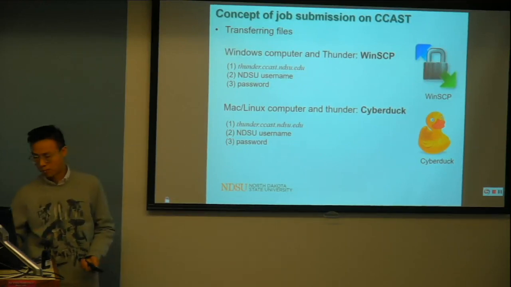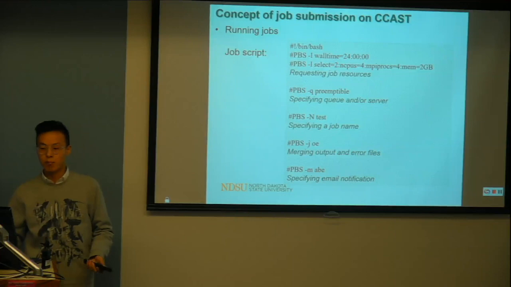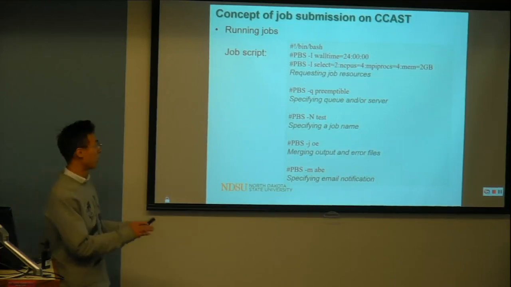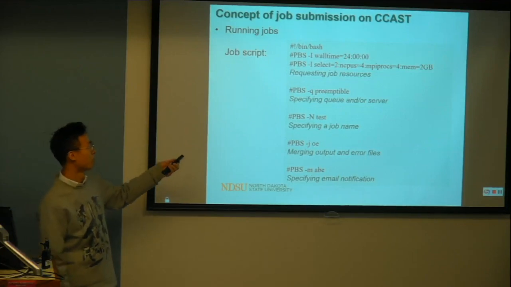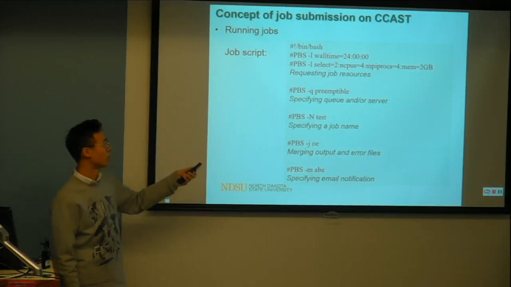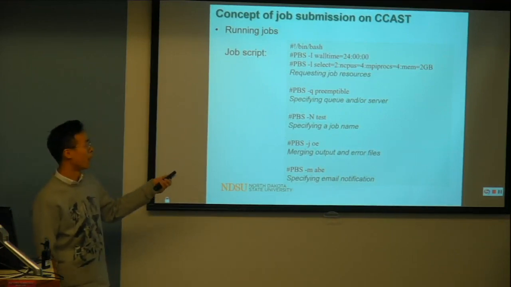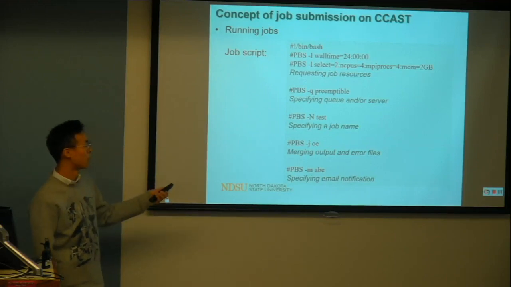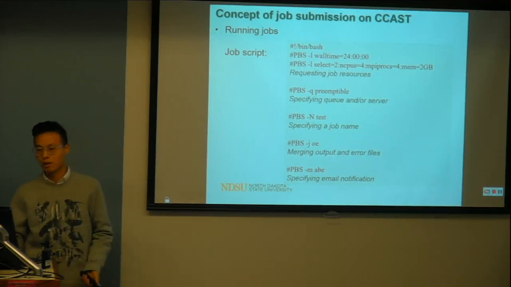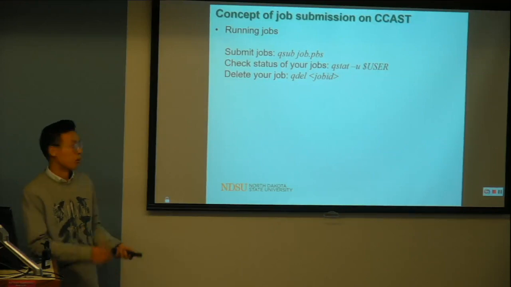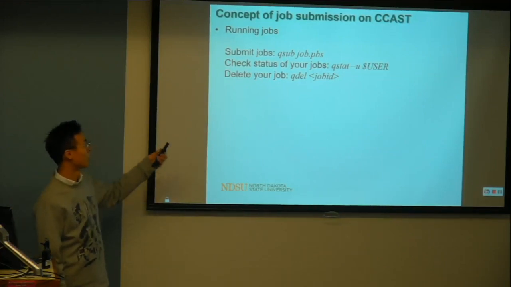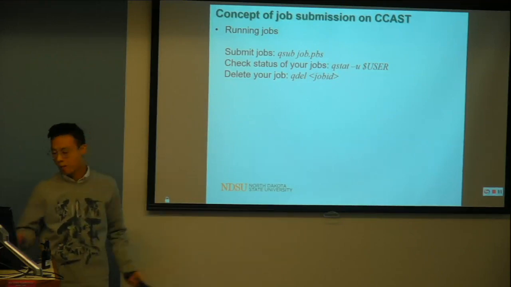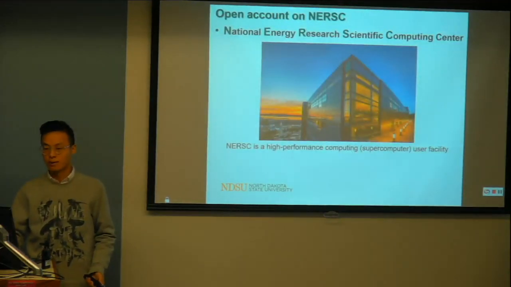Before we run jobs, we need to write the script. It will include some information, for example, to request job resources, specify the queue, or specify the job name. You can also submit your job with the command qsub, check your status, or delete your job.